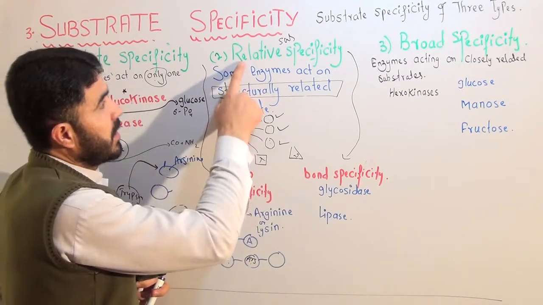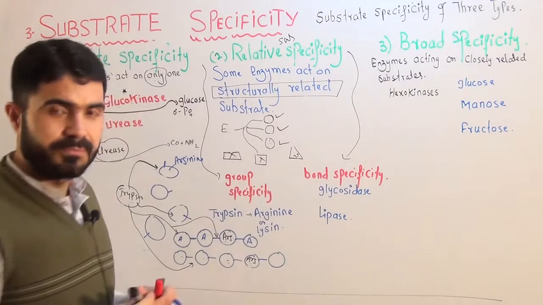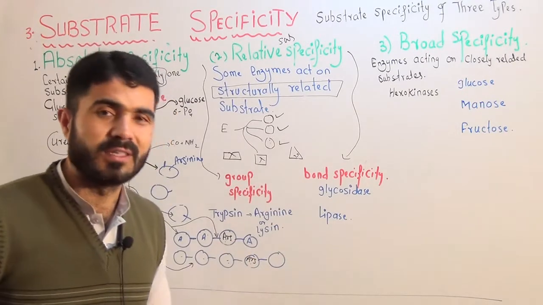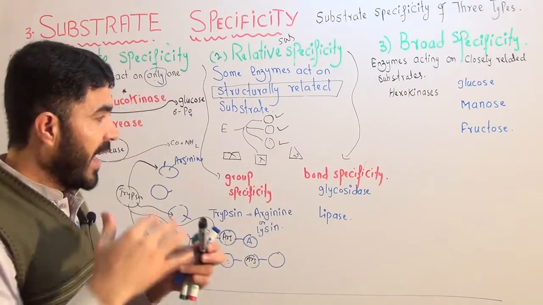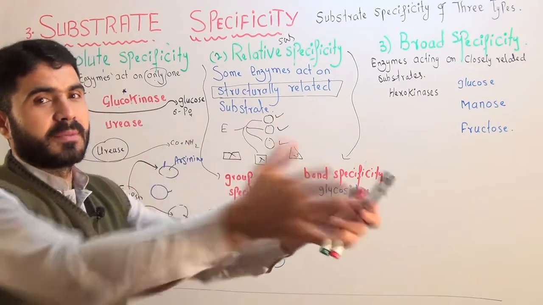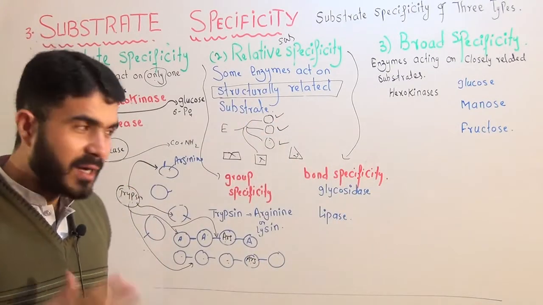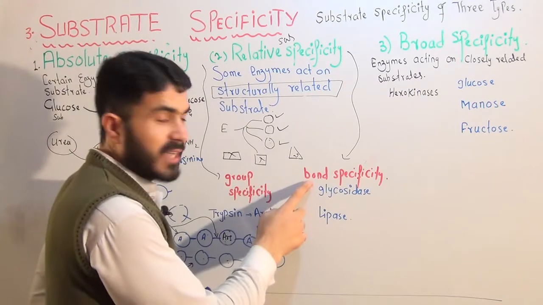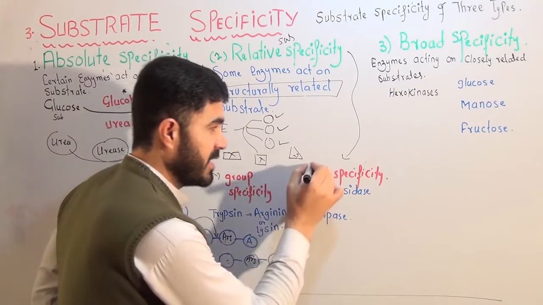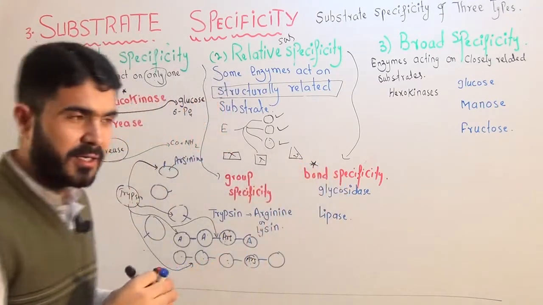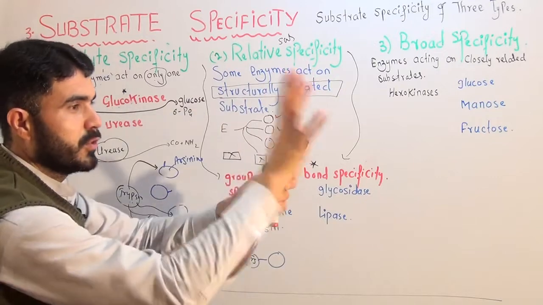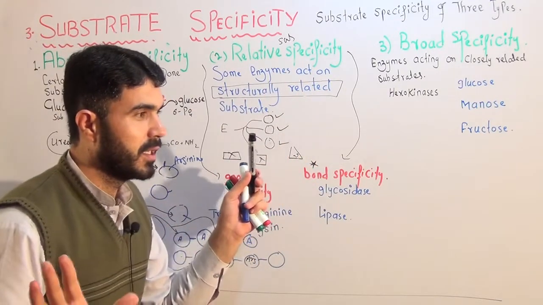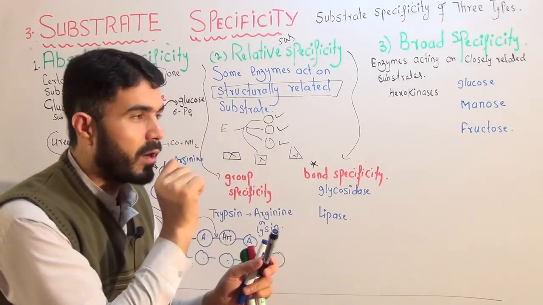Now, the relative specificity could be bond specificity. In case of bond specificity, there is one enzyme acting on more than one substrate once again. But this time, the enzyme is looking for a bond. Different substrates, substrate 1, 2, 3. The enzyme is looking for the bond.